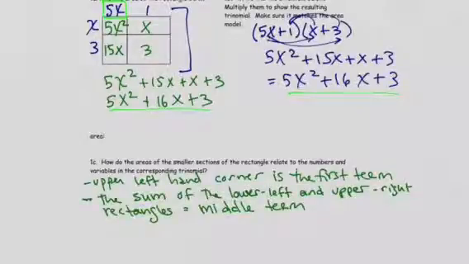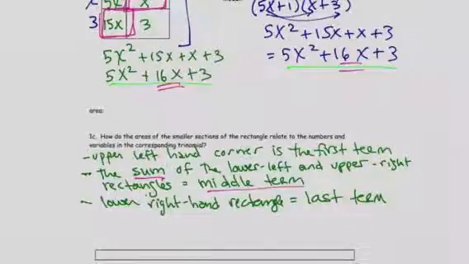The second thing we see, as before, is that the sum of the two corners, upper right and lower left, gives us the middle term. So the sum of the lower left and upper right rectangles gives us the middle term. And finally, the third rule applies as well, which is that the lower right-hand term equals the third term in the trinomial.